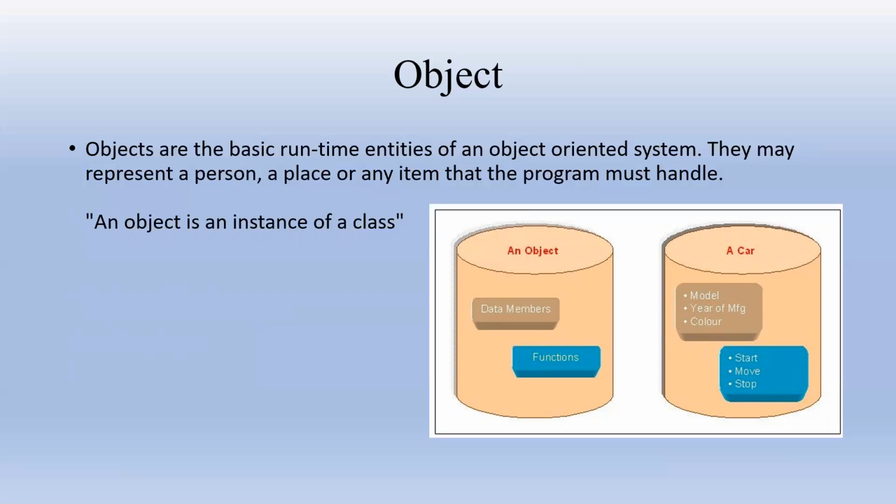The properties are known as data members, and start, move and stop are the functions. When we want to access any property or function of this class, which is car, we create an object of this class, car.